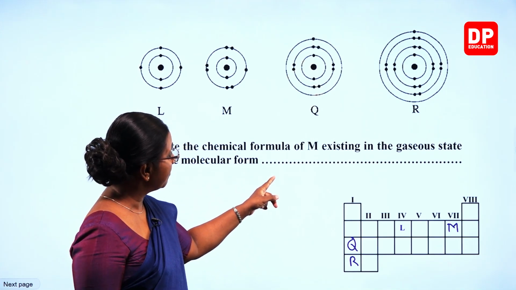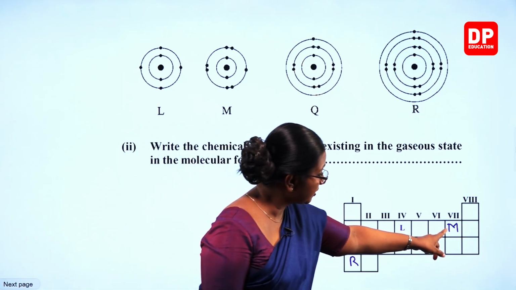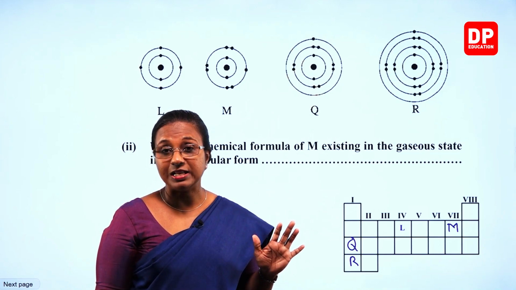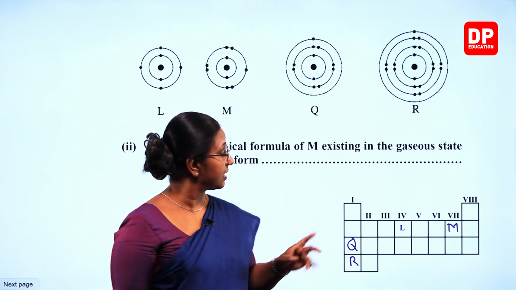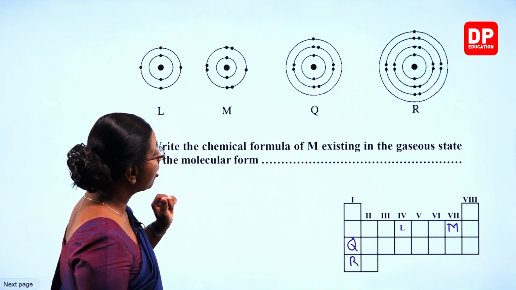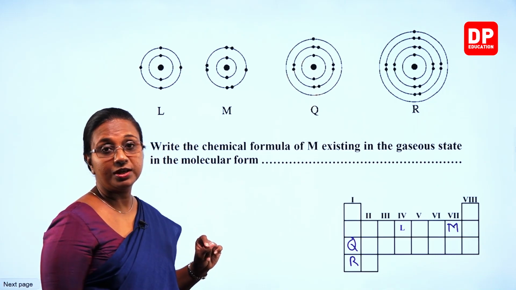Molecule M, we already found out that is in group 7, period 2, that is fluorine. Fluorine actually exists in the form of F2 molecules, F2 gas. That is what you need to write here.